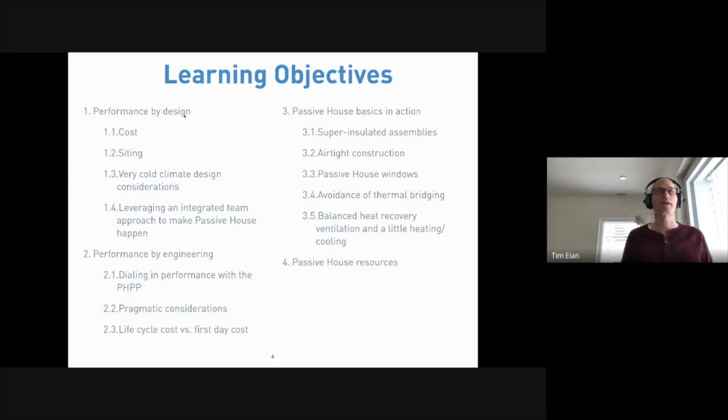We're also going to look at some of the engineering that goes into it, and then what I labeled here, Passive House in Action, showing you some examples of how one gets put together, or sort of a best of how passive houses get put together. And then I'm also going to provide you with some resources. It's a dense program. I'll try to get through here within the hour and allow for some questions along the way. So hopefully I'll cover everything that you'd like to know about the subject.